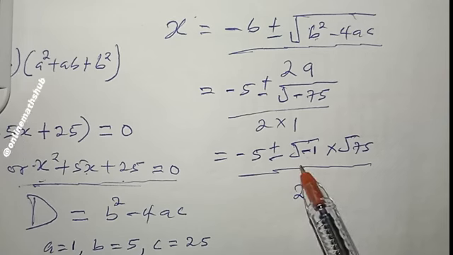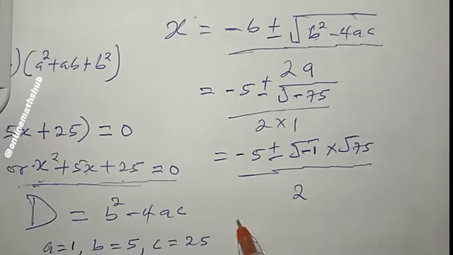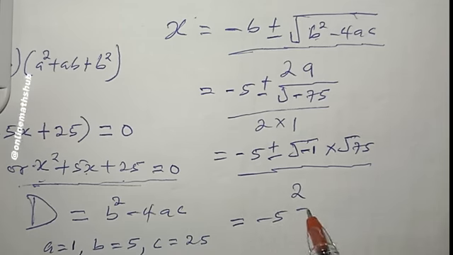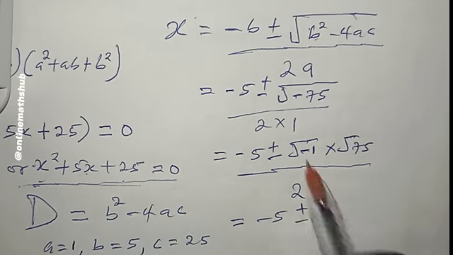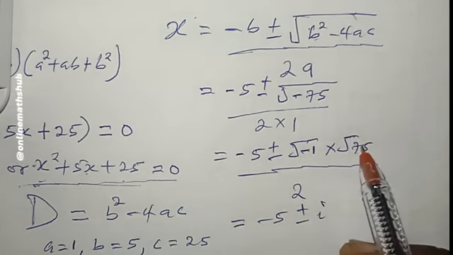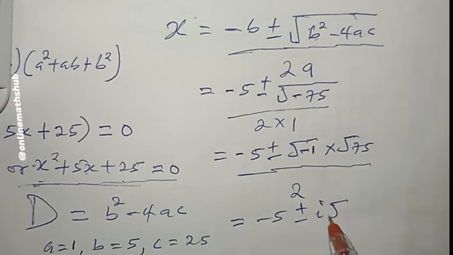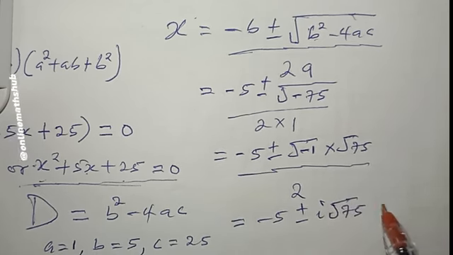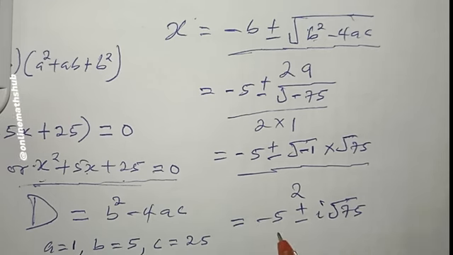Of course, root minus 1 is i, so we have negative 5 plus or minus i multiplied by root 75, which gives us i root 75, divided by 2a.